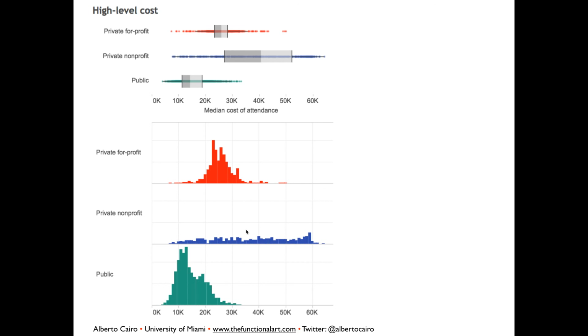Sometimes if you only use histograms, you will not perceive important features of your data. So I usually recommend to represent your data in multiple ways. In this case, the histogram, the strip plot, and then the box plot, because each one of them may show you something interesting in your data. Again, sometimes a single visualization will not show you everything that you need to learn from your data set.